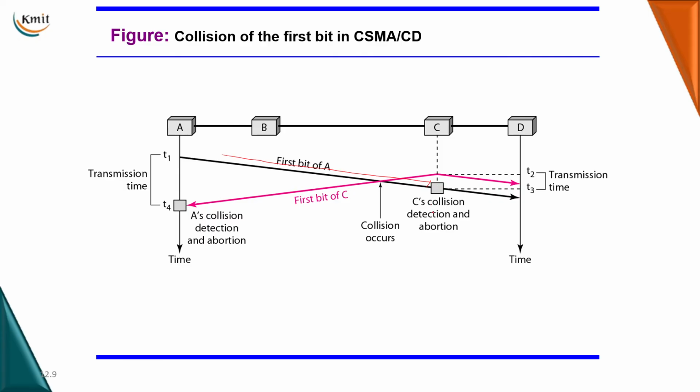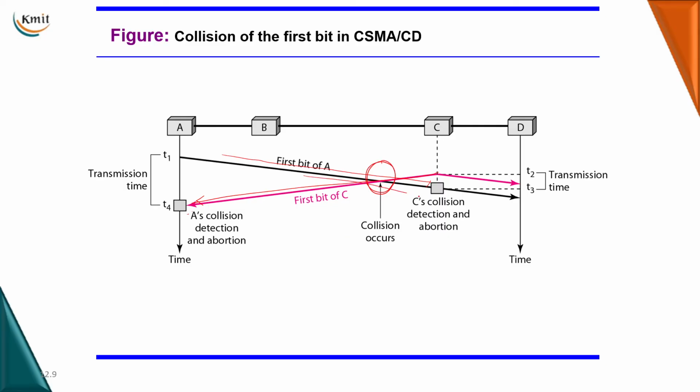C detects the collision and aborts its transmission. Likewise, the first bit of C took time T4 to propagate to A. So at this time, there is a collision here.